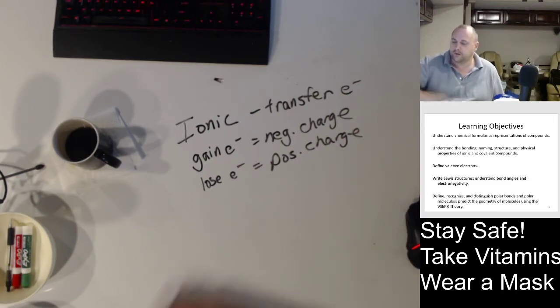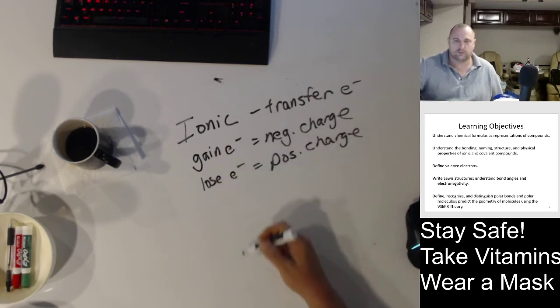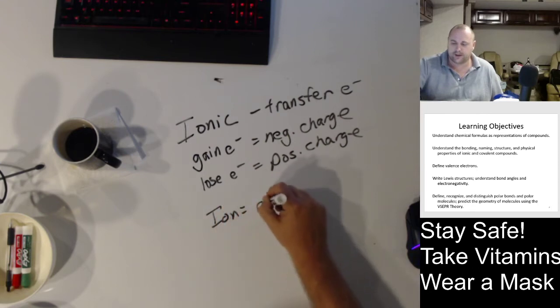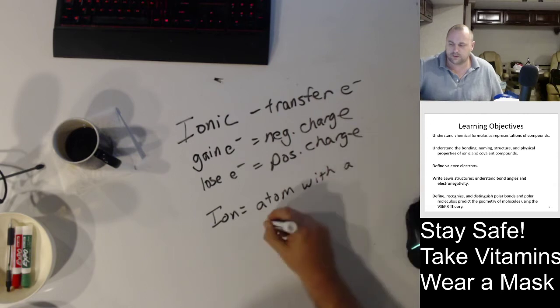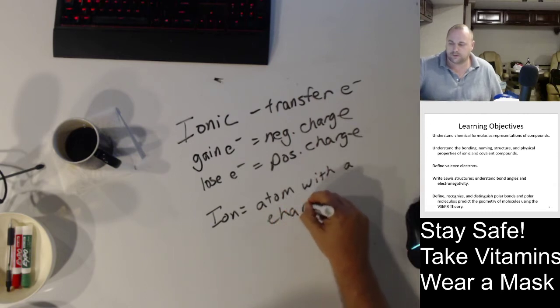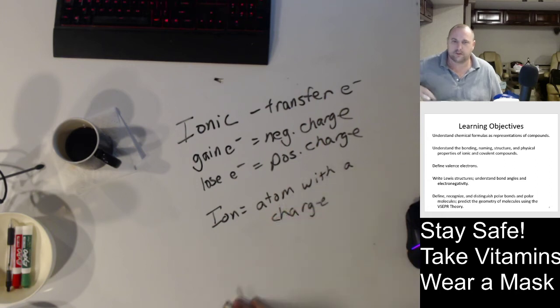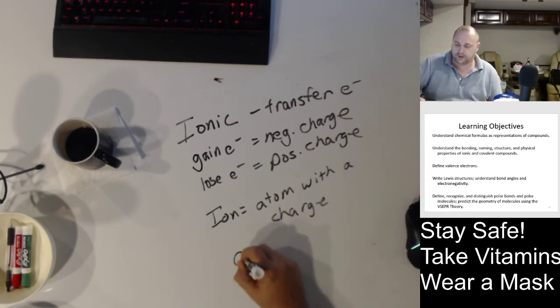All right. So we have names for these. What's this word ion? So an ion is an atom with a charge. All right. They come in two flavors.